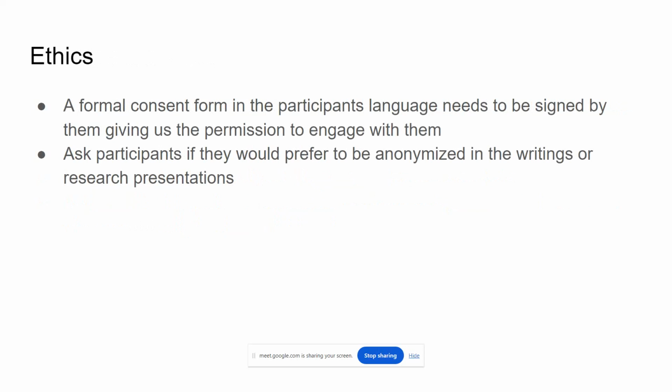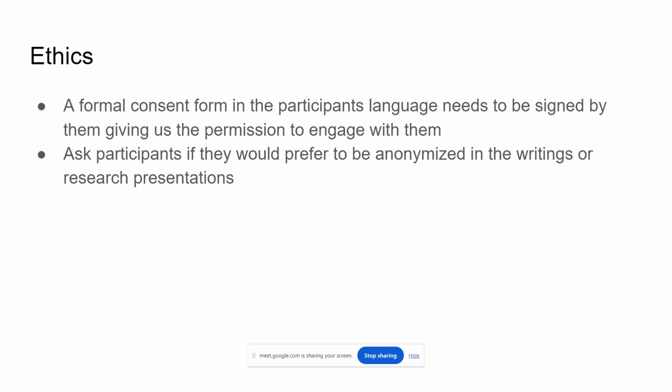Finally, the ethics part requires a lot of care, and this will be discussed in detail afterwards. But the ethical considerations have to be very diligently followed, because you are a foreign person going to somebody's context. It is very important that you get all the permissions before you go.